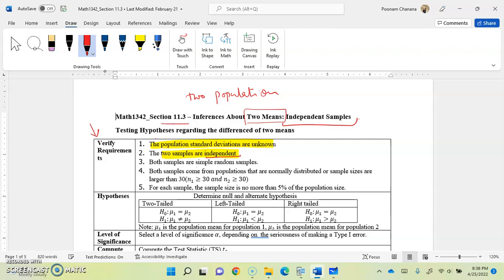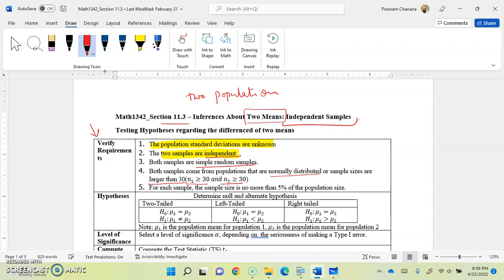Both the samples are simple random samples. Obviously, we want that. Both the samples come from populations that are normally distributed, or the sample sizes are large. So if both the samples are large enough, we do not need to check normality. But now, as they are not dependent, the sample sizes can be different.